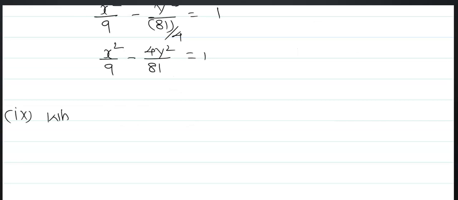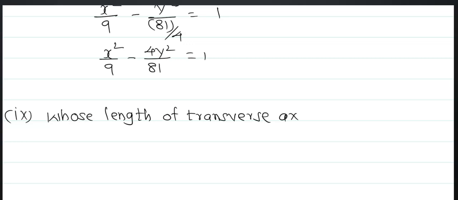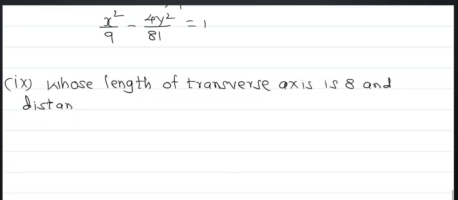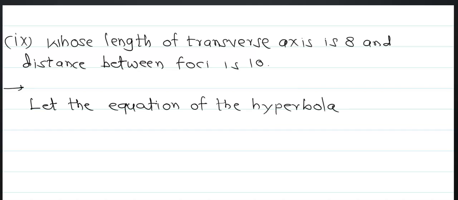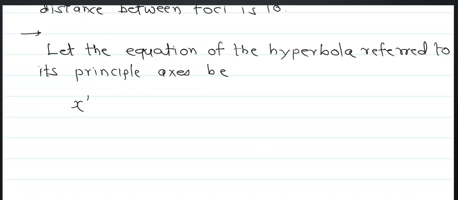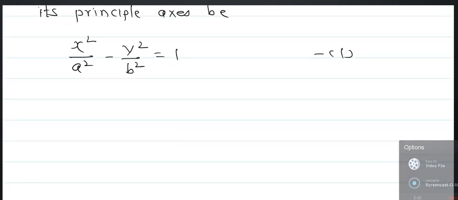Ninth one, whose length of transverse axis is 8 and distance between foci is 10. Let the equation of the hyperbola referred to its principal axis be x square upon a square minus y square upon b square equals 1.